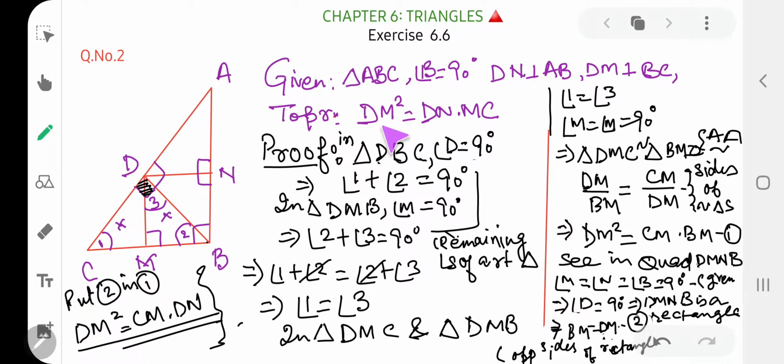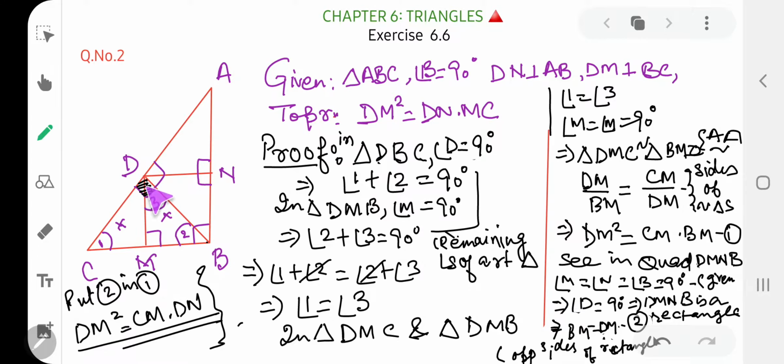Now the second question that will arise in your mind is, how will we come to know which two triangles are to be proved similar? The answer to this question is, take out two triangles with side DM.